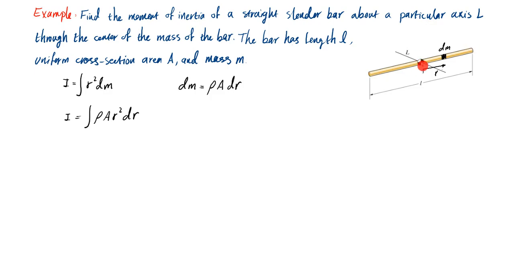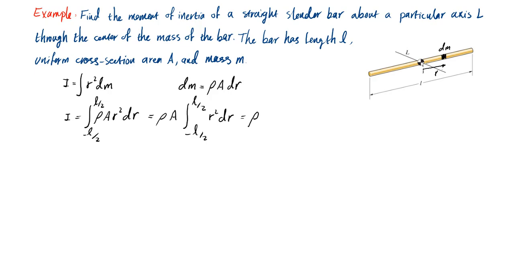If this is the center, 0, it goes to L over 2 this way and minus L over 2 this way. So the limit for this integral becomes minus L over 2, L over 2, since I'm taking the integral over r. Now, rho A is constant, so I take it out. Minus L over 2, L over 2, r squared dr.